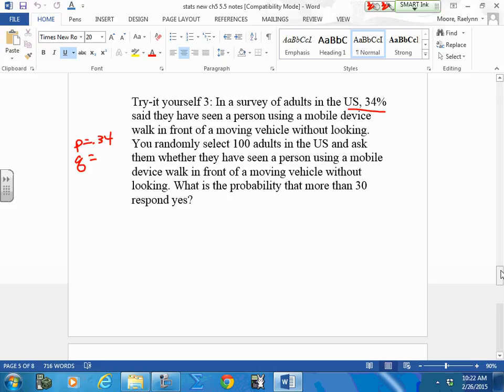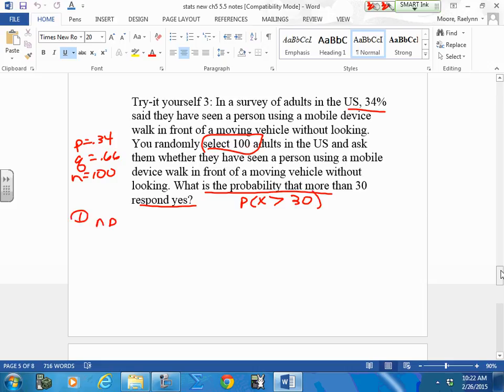Q is what? We randomly selected 100 adults. And we asked them whether or not they've seen a person walk in front of a vehicle while they're using a mobile device. What is the probability that more than 30 responded yes? How do I write that probability statement? Greater than 30. Good.